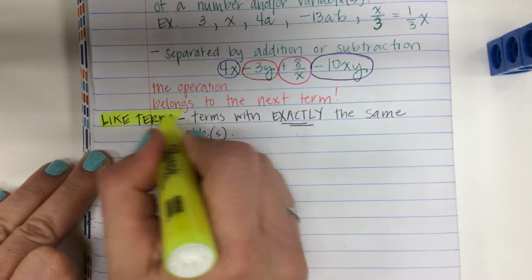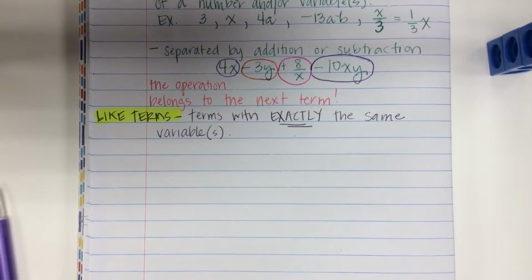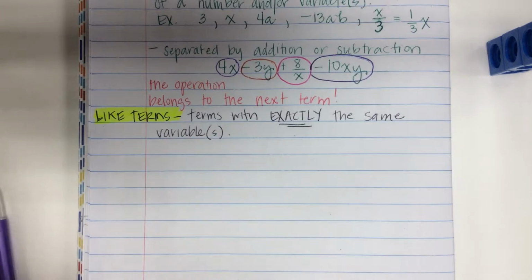Variables. Like terms are terms with exactly, not kind of, not almost, exactly 100% identical variables.